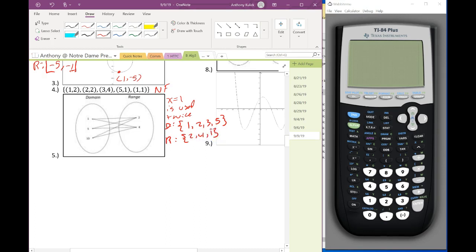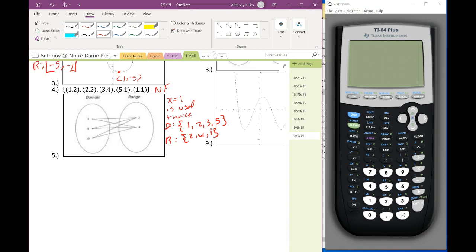So I can just list those values since they are finite. Everybody okay with that? Of course.